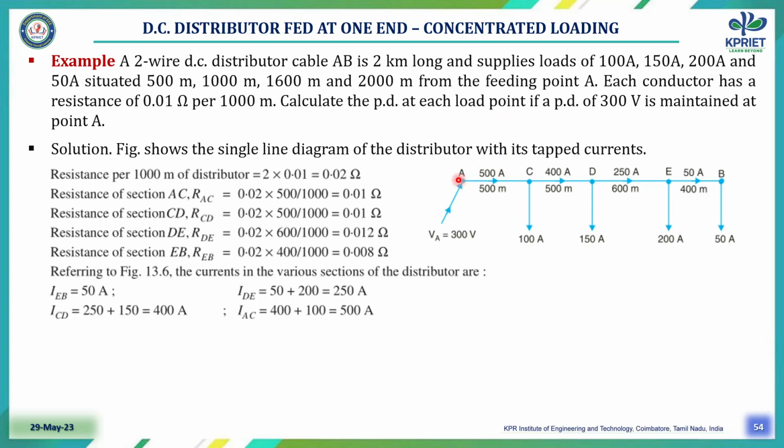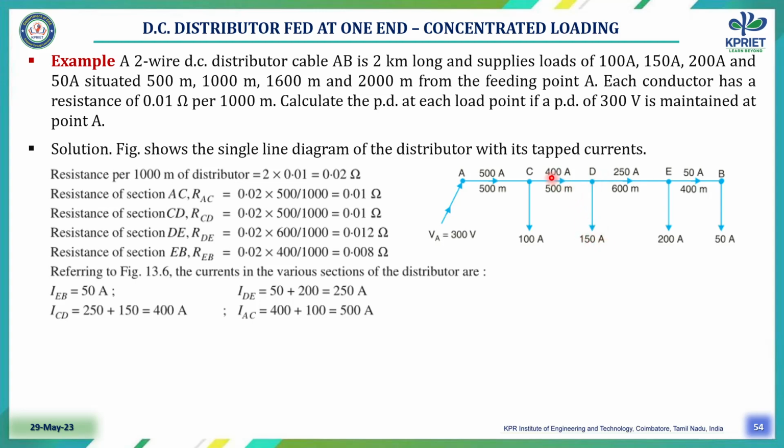Okay, for each and every section, consider from A to C, all the current flows through the section A to C. So 100 plus 150 plus 200 plus 50, the total current is 500 amps flowing through the section A to C. Then 100 amps is tapped at the point C. Then the remaining 400 amps flows through the section C to D. Then at the point D, 150 amps is tapped.